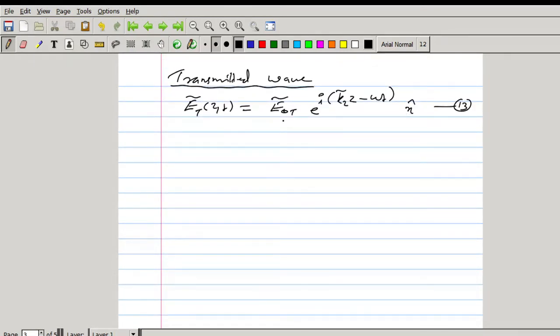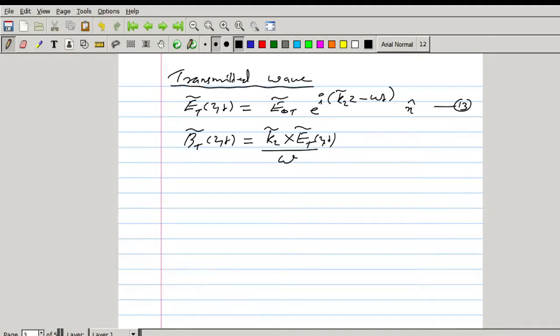Equation number 13. Now BT ZT equal to, what is BT ZT? BT ZT is K2, which is a complex number, K2 cross ET ZT by omega.